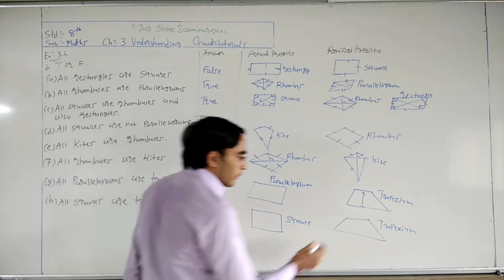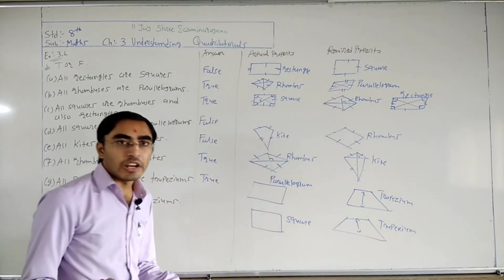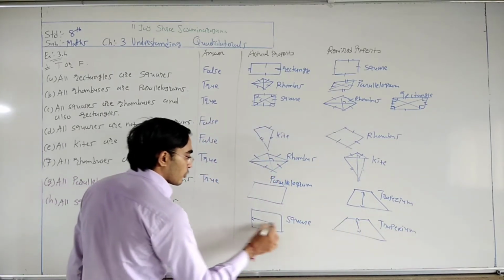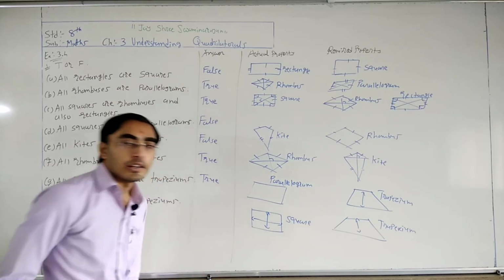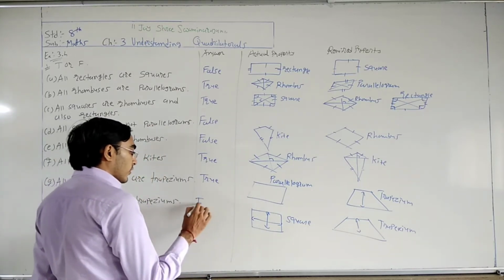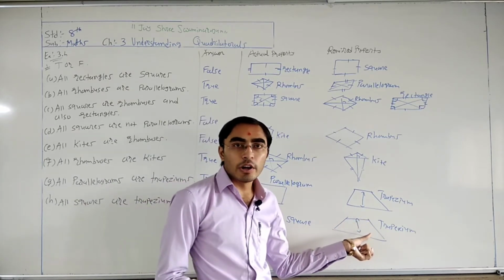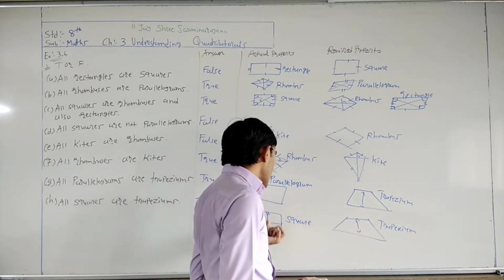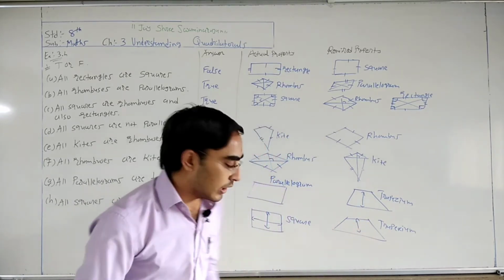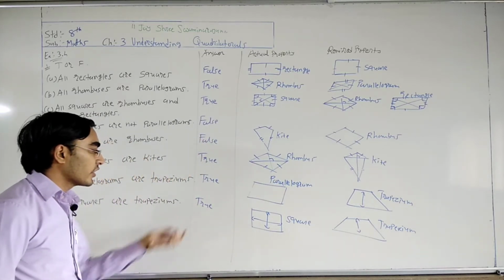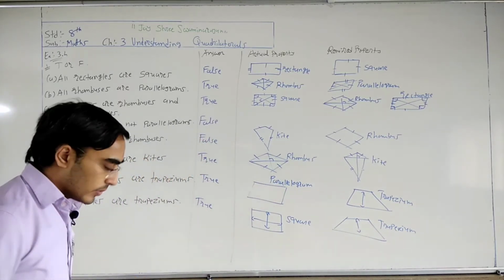Again, for a trapezium, what do we want? One pair of opposite sides parallel. Here we have two pairs of opposite sides parallel. So this statement is also true.